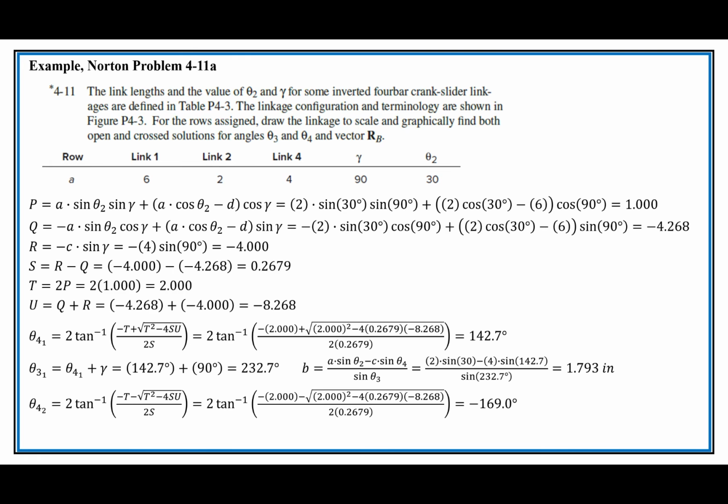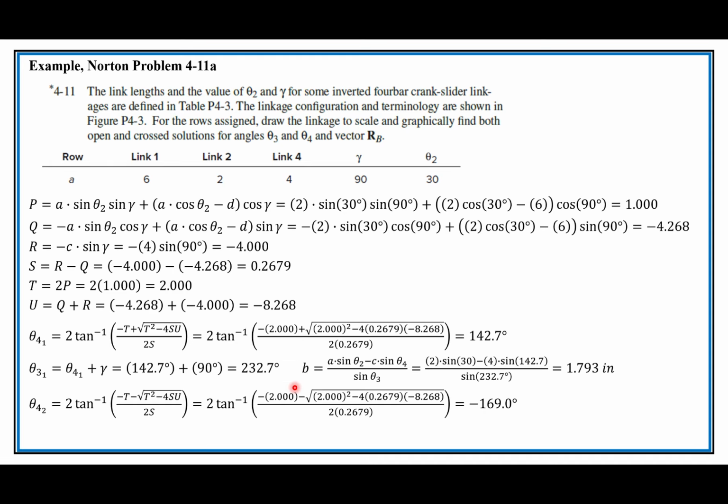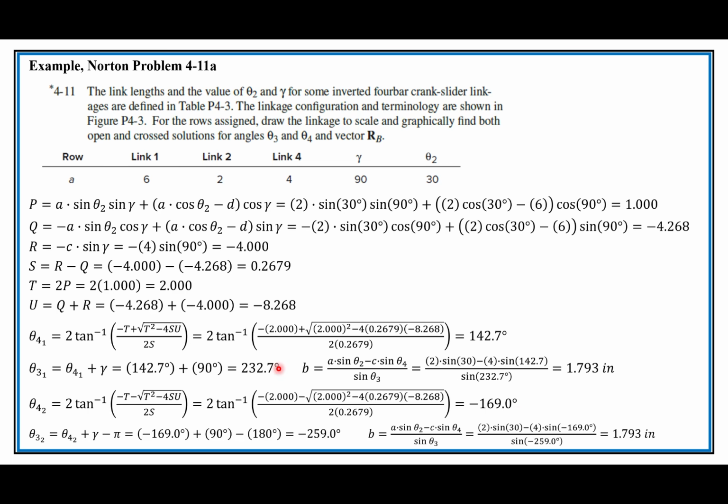Do the same thing with the minus now that we did with the plus up above. I should always use the laser. So we had the plus up above, we have the minus now. We come up with a negative 169, and doing the same thing we had up above. I don't know if I need to do that 180.